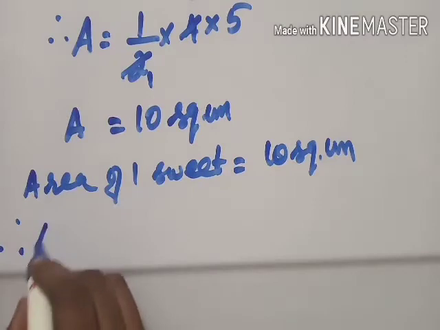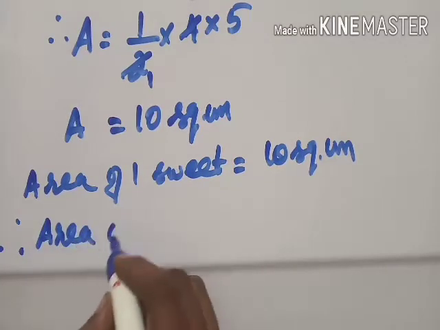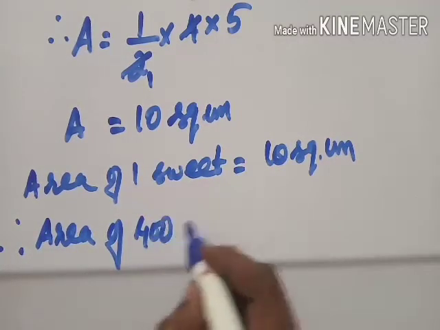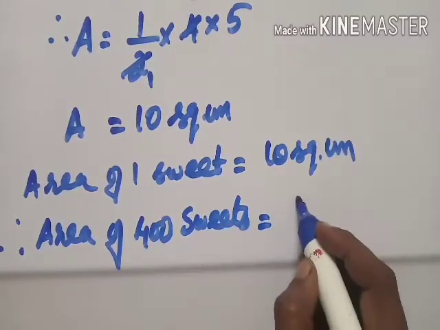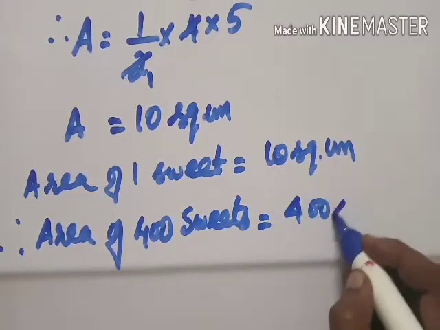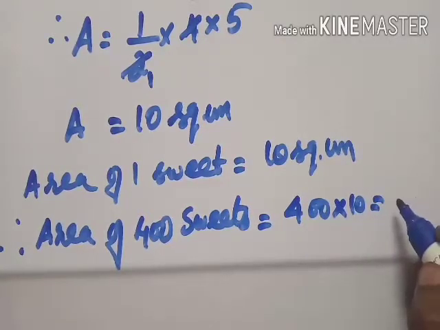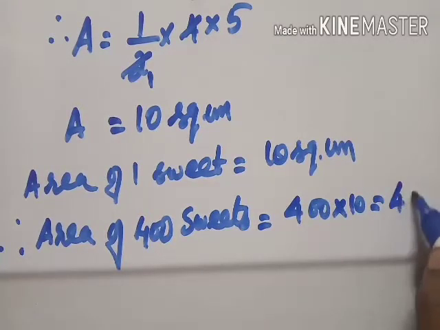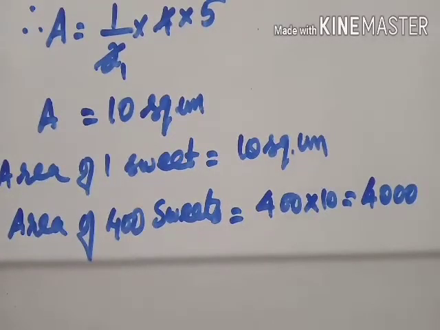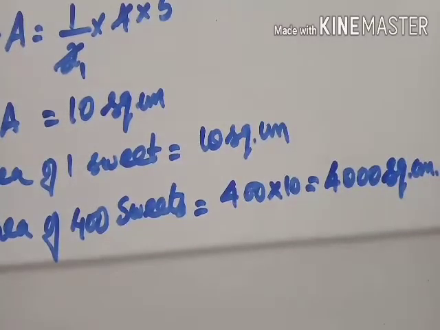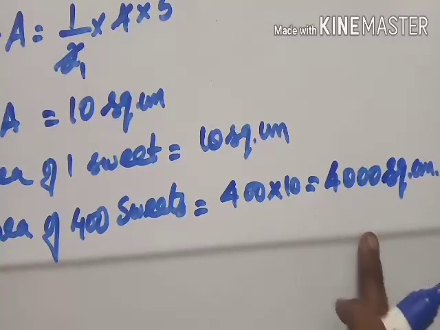Therefore, area of 400 sweets is equal to 400 into 10. What will come? 4000 square centimeter, right?